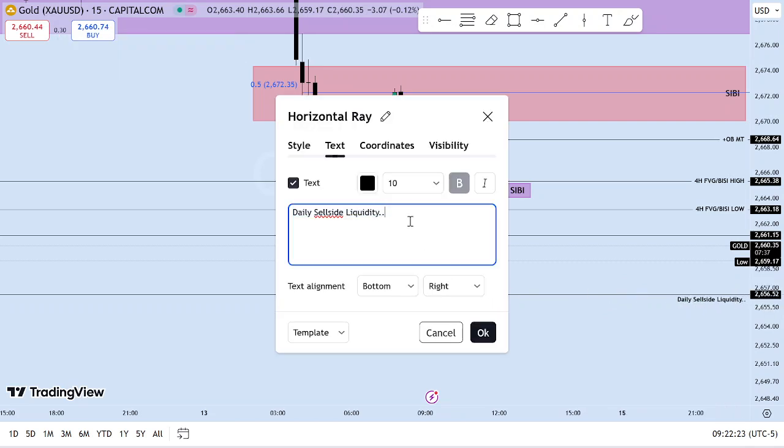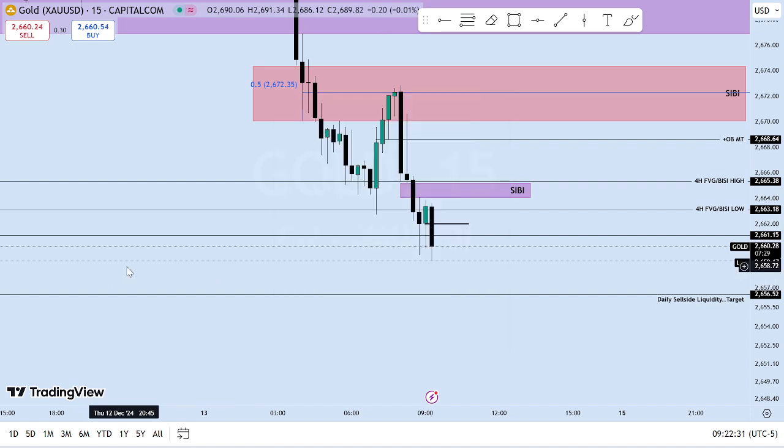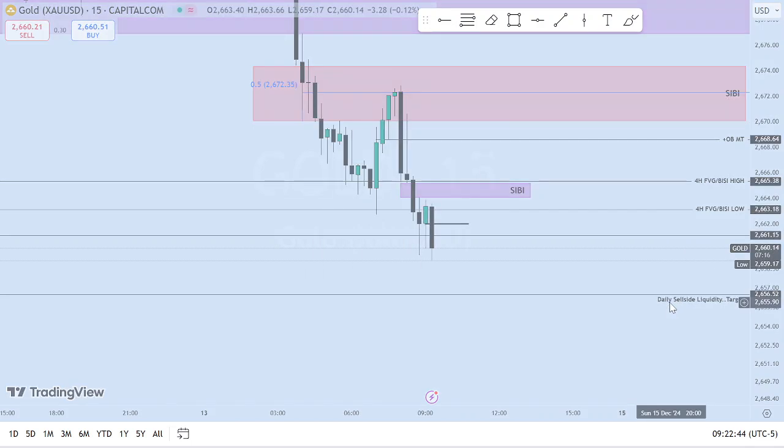We want to see price reach out for taking this daily sell side liquidity. You can go over to 5 minutes.